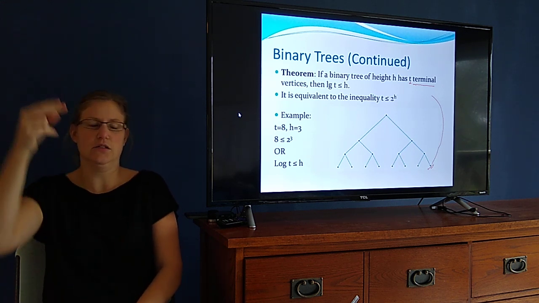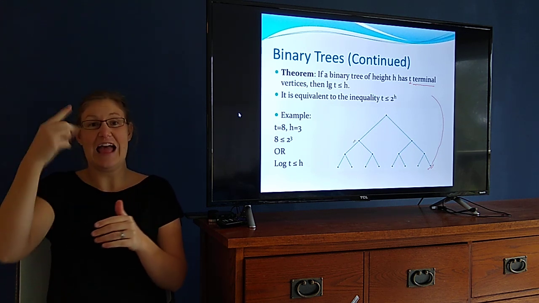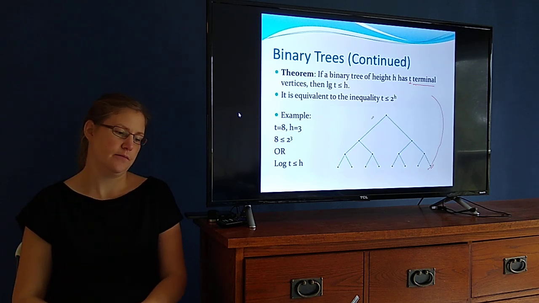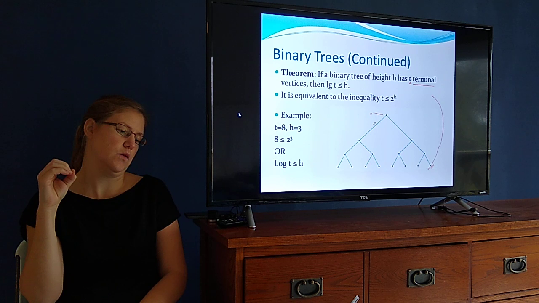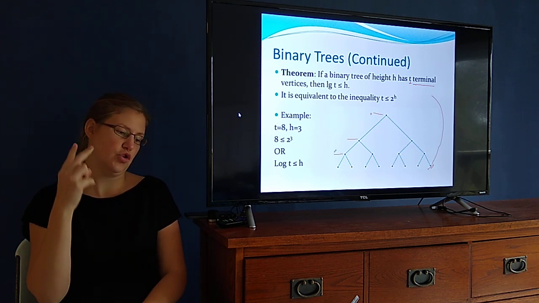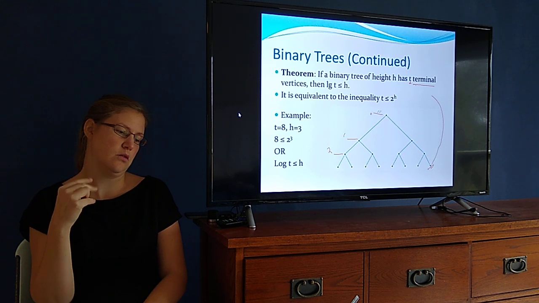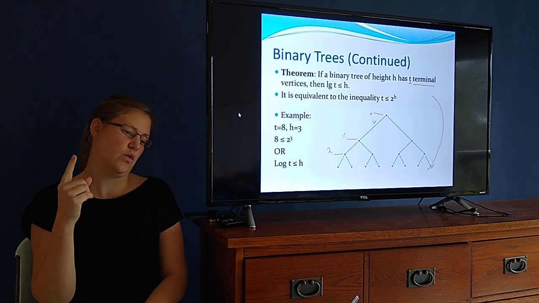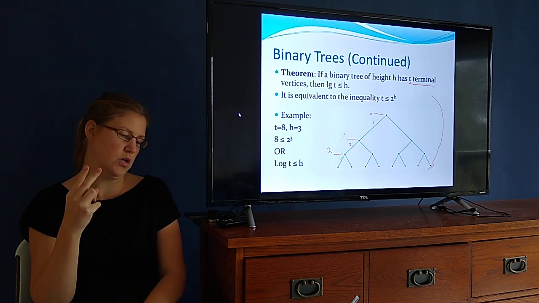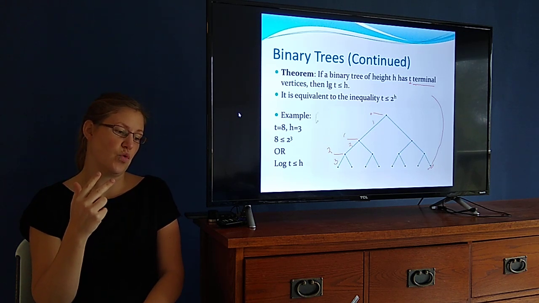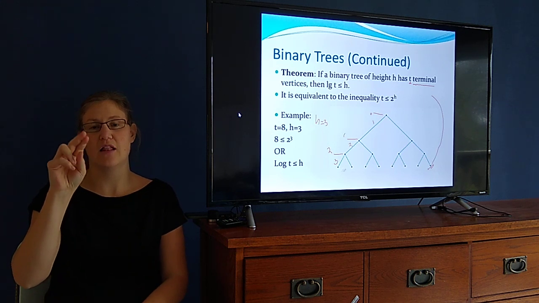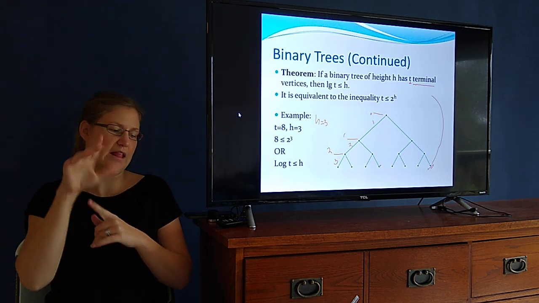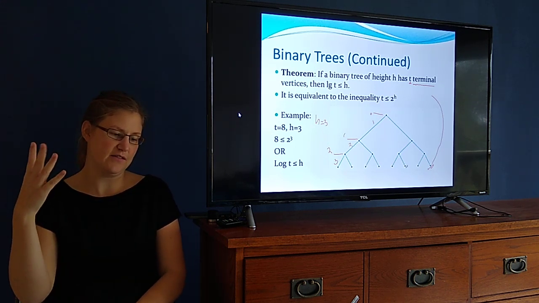So what's the height of this tree? This is level 0 here, this is level 1, and this is level 2. And the height: this is 1, this is 2, and this is 3. So the height is equal to 3. And how about the terminal nodes or the leaves? It's 1, 2, 3, 4, 5, 6, 7, 8.